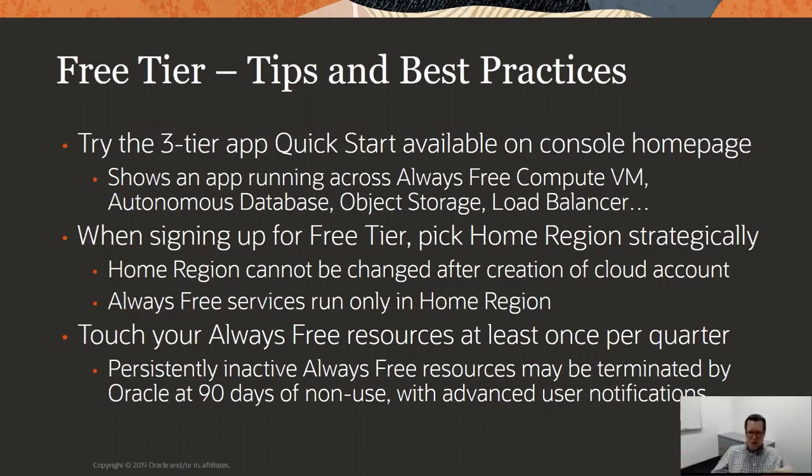So there's a virtuous cycle there, pinging one another, that guarantees the VM and the autonomous database are always used every hour of every day throughout the year. There are some clever things like that you can do. It's not too big a deal. The bottom line is, touch your always free resources individually at least once a quarter. Yeah. And by the way, I should point out too, this is common in the industry.